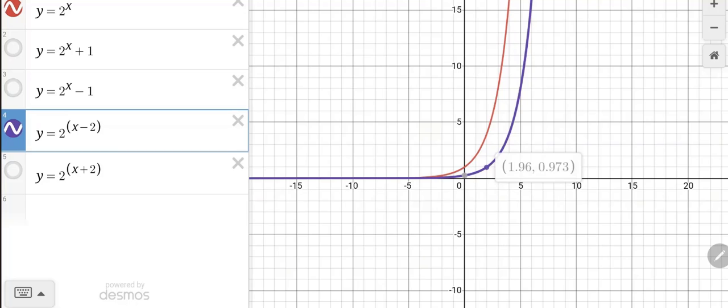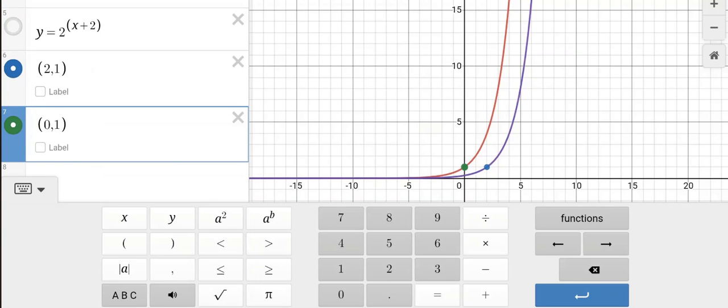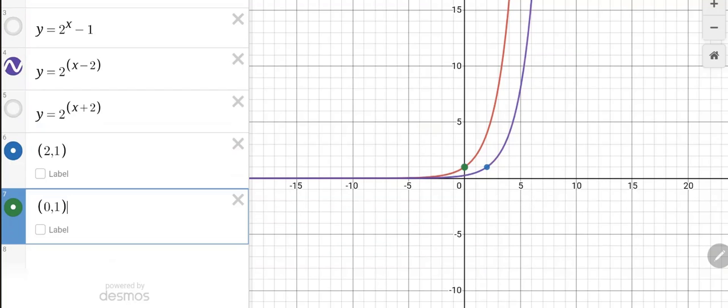So our point has moved from 0, 1 to 2, 1. So it's been translated 2 units to the right.